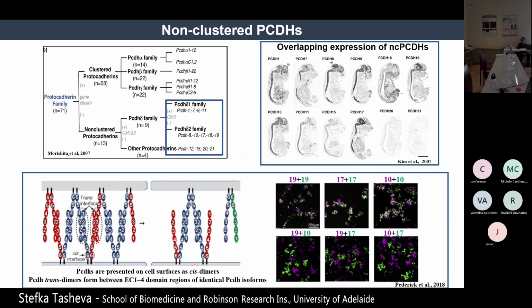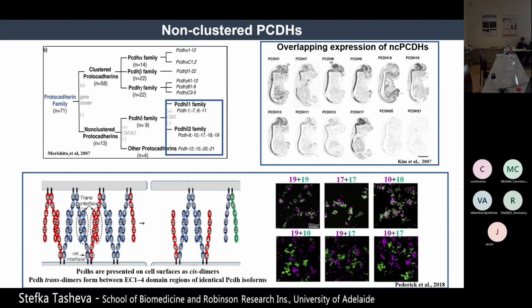On the right, as you can see, there's an example of an aggregation assay that was performed in our laboratory by Daniel Pedh, which shows the adhesion abilities of different non-clustered protocadherins, including PCDH19, 17, and 10. When we express PCDH19 as a single molecule with 2 different reporters, in a mixed cell population that expresses each of these molecules with the different reporters mixed together, we find this homophilic cluster formation, which indicates that they form the proper cell-cell interaction.